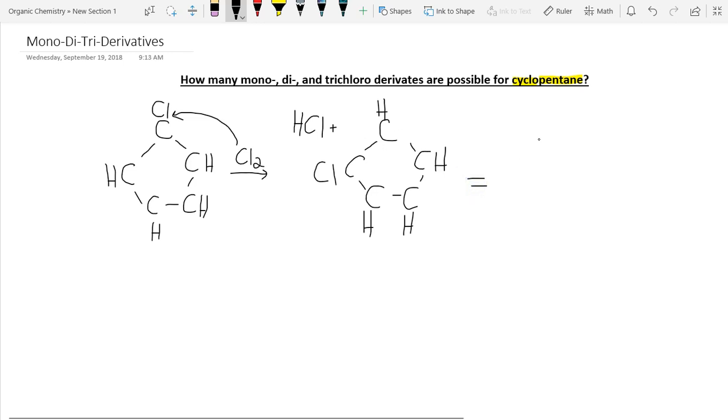This is equivalent to if the Cl was on top of here, so these would not be considered isomers because they would have the same boiling point, melting point, relative density, solubility. They're all the same. It's just like you flipped this, you turned it around. So there's only one monochloro derivative possible for cyclopentane, and this is it.